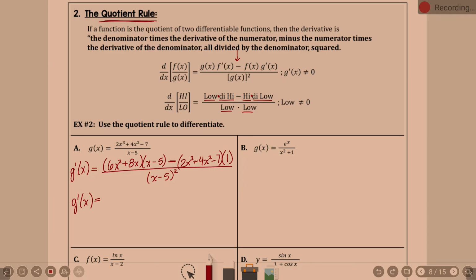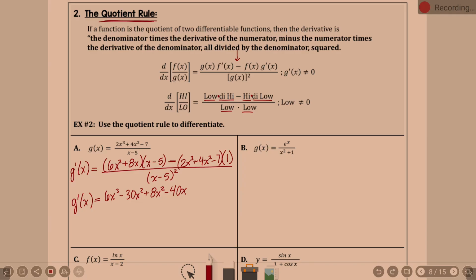Oh, so what's that mean? On top we're foiling? So if I FOIL on top, 6x cubed minus 30x squared plus 8x squared minus 40x.